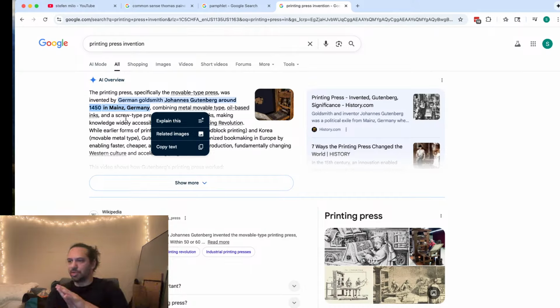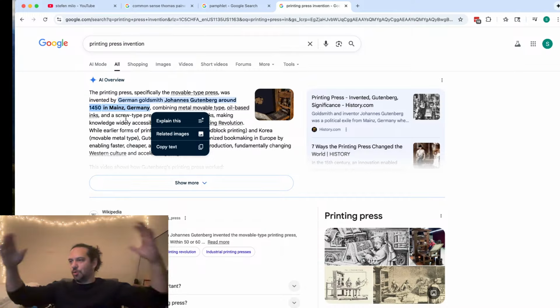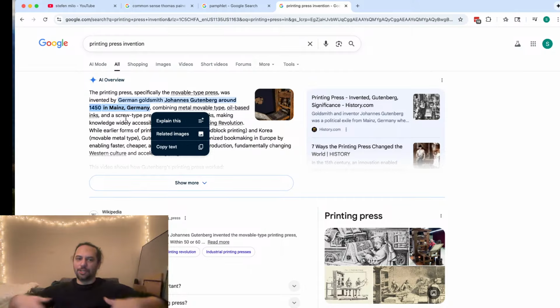They would get orders from the Catholic Church of, like, 1,000 Bibles or something like that, 300 Bibles, whatever it is, and then based on the volume of the order, they could justify the financial expense of buying all the ink, buying all the paper, and then actually running the press and hiring all the workers to run the press and all of that. All of that took a lot of money, so the larger orders would justify the expense and make it profitable to run the printing presses.